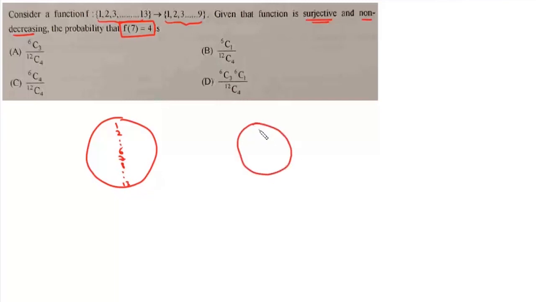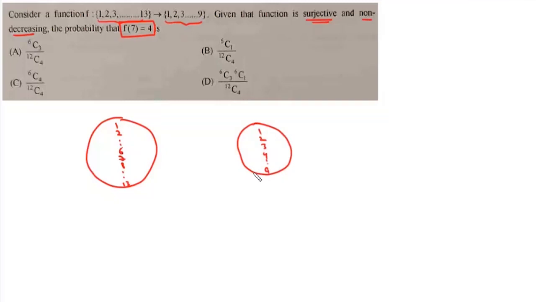Now the question is, consider a function f defined from the set 1, 2, 3 up to 13 to 1, 2, 3 up to 9, given that this function is surjective and non-decreasing, then the probability that f(7) equals 4 is. Now we have this set containing 13 elements, 1, 2, 3 up to 13, and here we have 9 elements, 1, 2, 3, 4 up to 9.